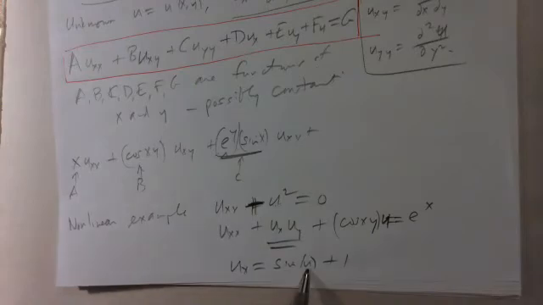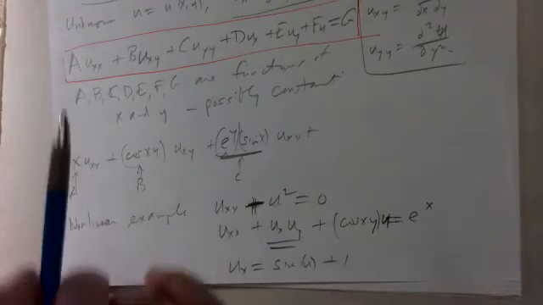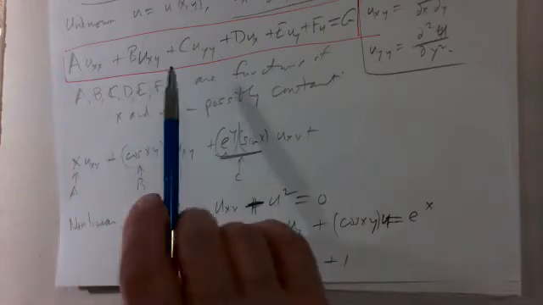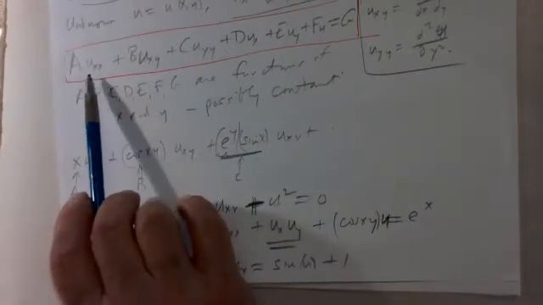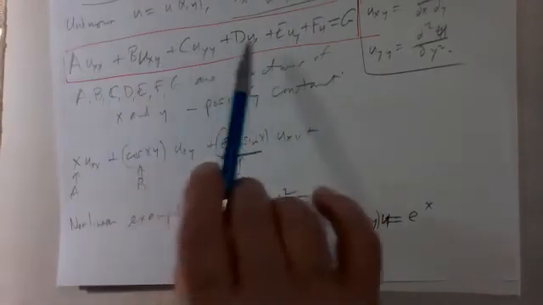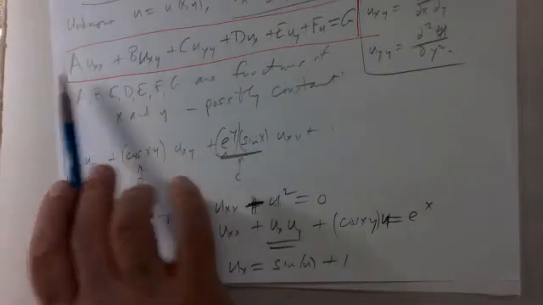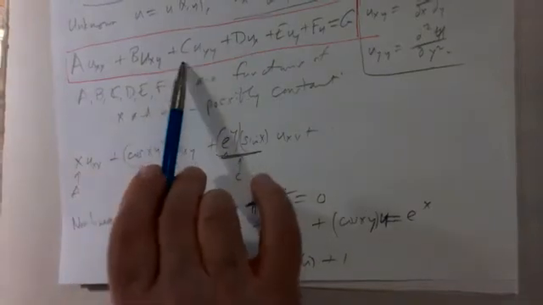Because this involves the sine of u. In a linear equation, and a PDE is linear, if you can have any of the partial derivatives of u that you like, but they all occur by themselves, multiplied by some function of x and y, but not related to u in any way.